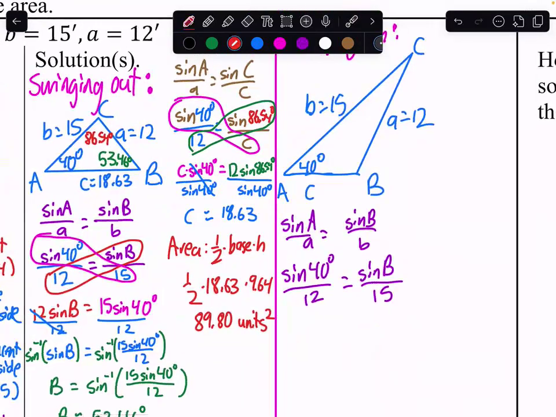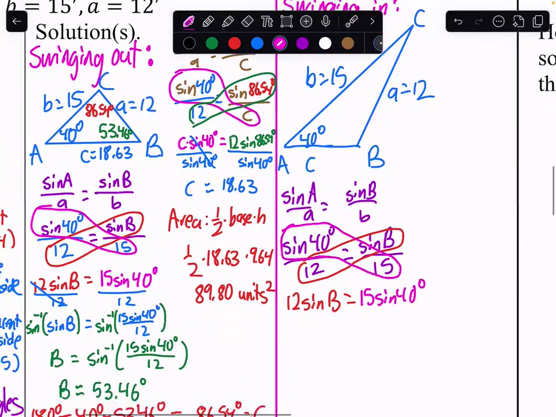Cross multiplying, we have 12 times the sine of B equals 15 times the sine of 40 degrees.